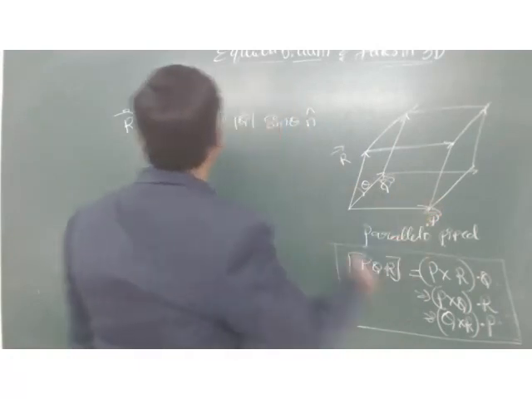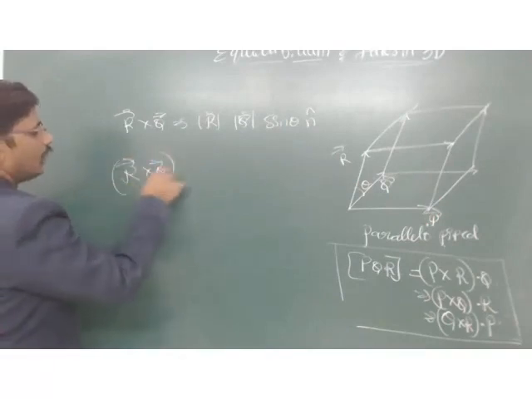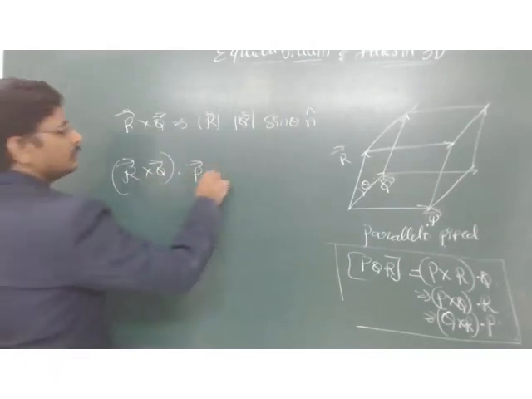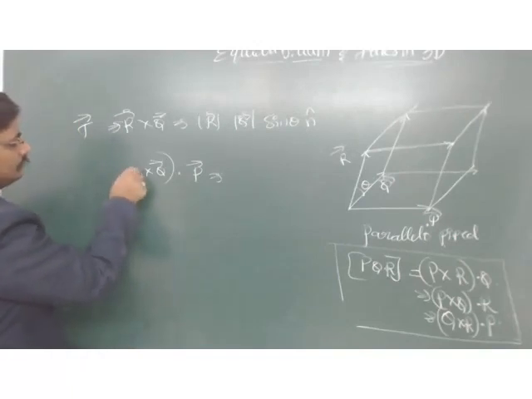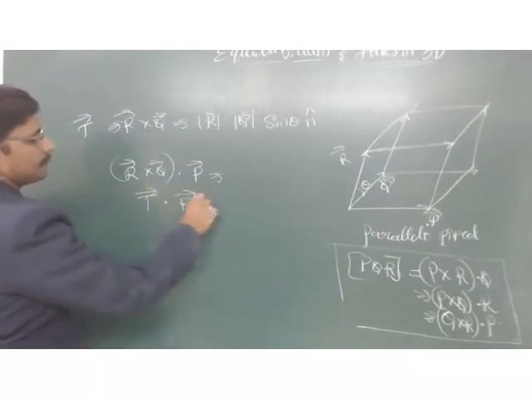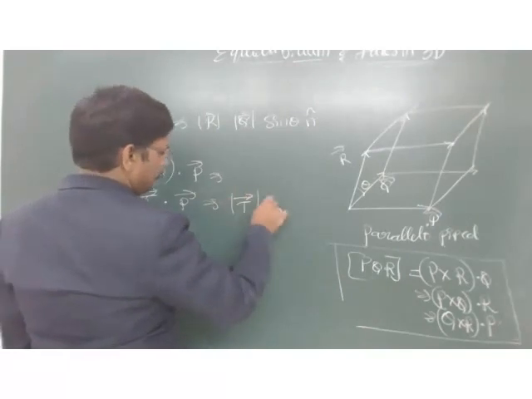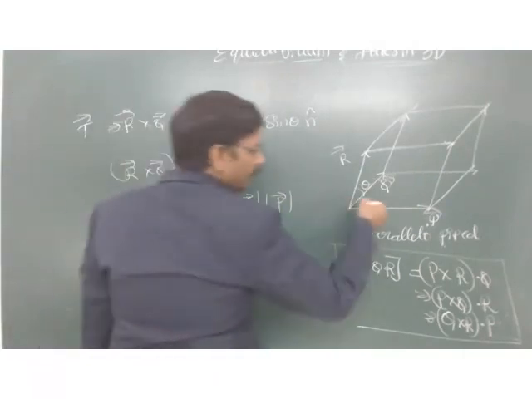And then if you do a dot product of this R cross Q with P, so this is not R, I call this T. So T dot P is equal to mod T into mod P into cos of the angle between them.